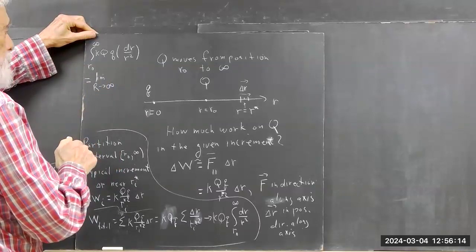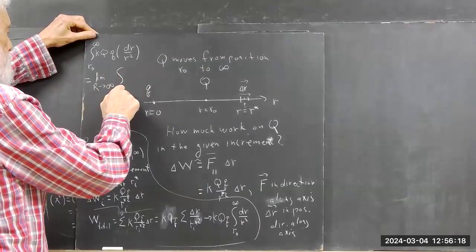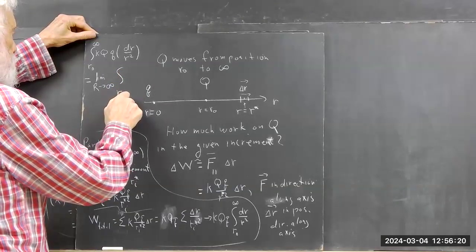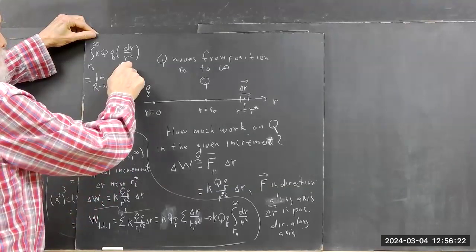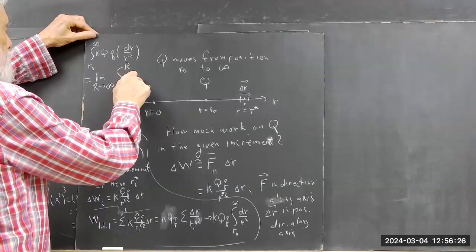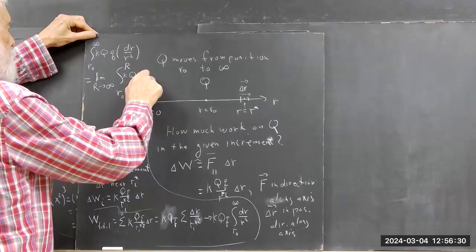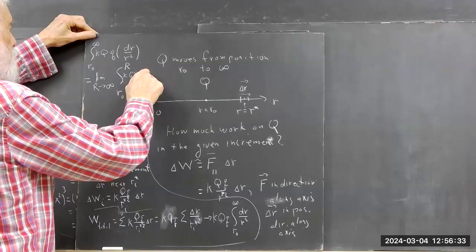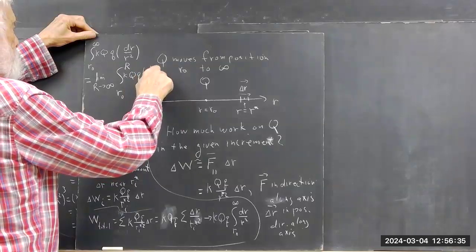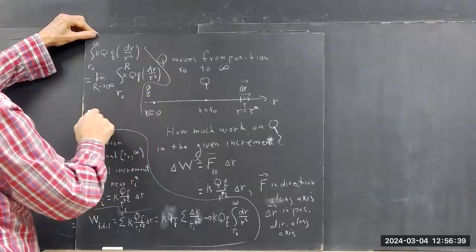You write this as the limit as big R goes to infinity of the integral from R naught to big R of K Q q times dr over r squared.